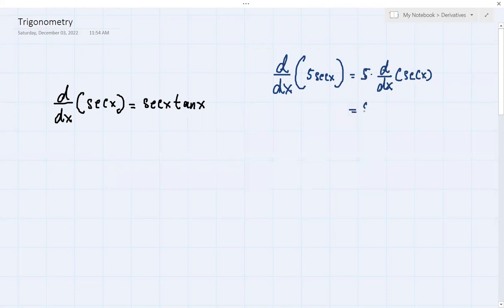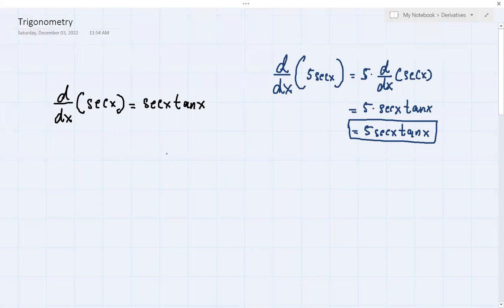So ang derivative ng secant x ay secant x times tangent x. So therefore, you have 5 times secant x times tangent x. So yan na yung magiging sagot mo. Or pwede mo siyang i-simplify.